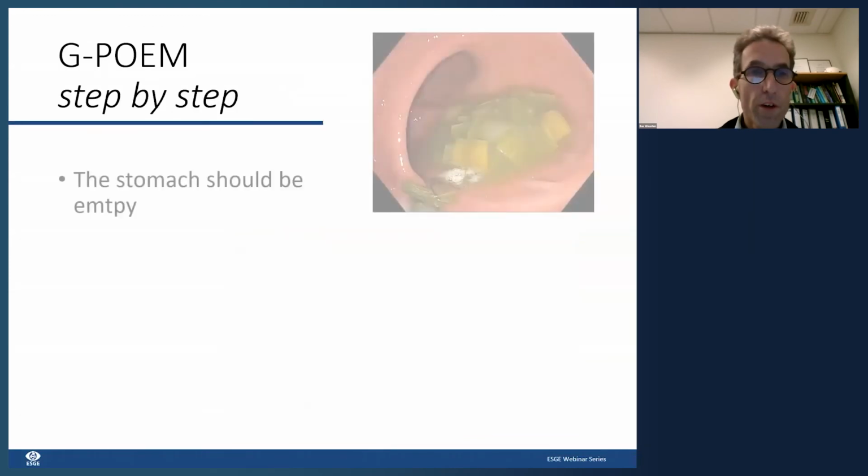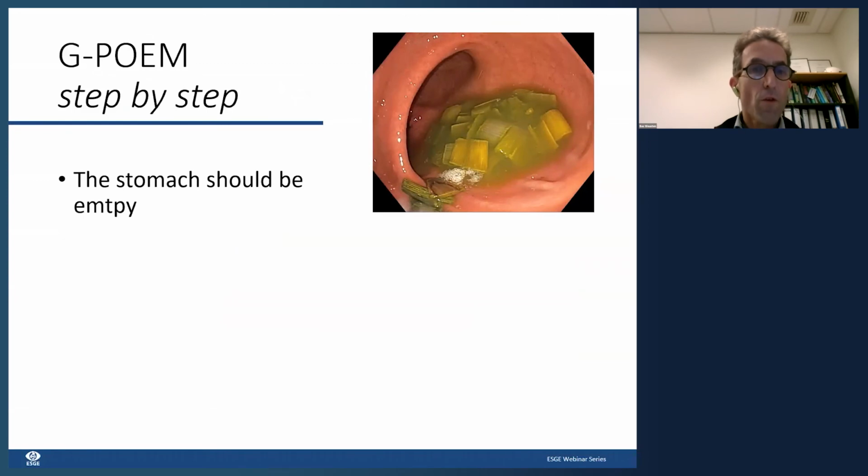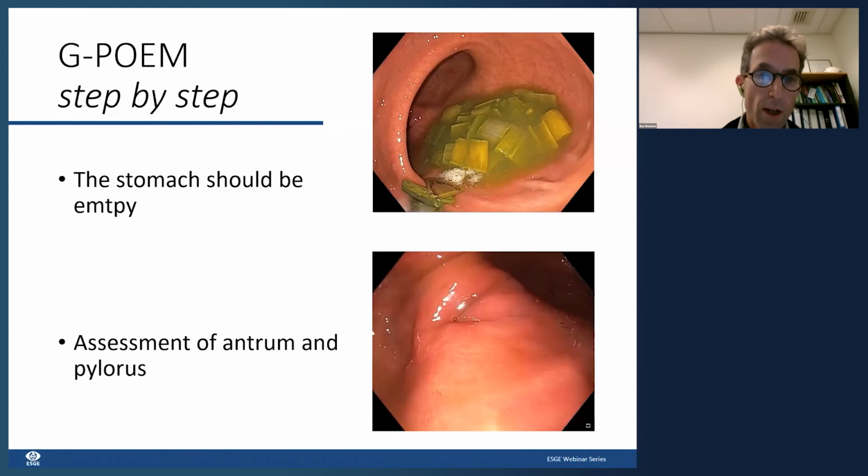So if we review the J-POEM step by step, of course, the stomach should be empty. And I always advise patients to not ingest solid food for 3 days prior to the J-POEM. And then you can assess the pylorus.